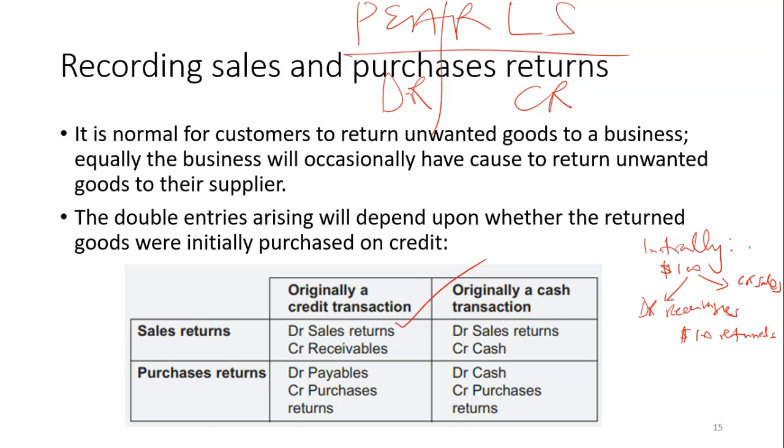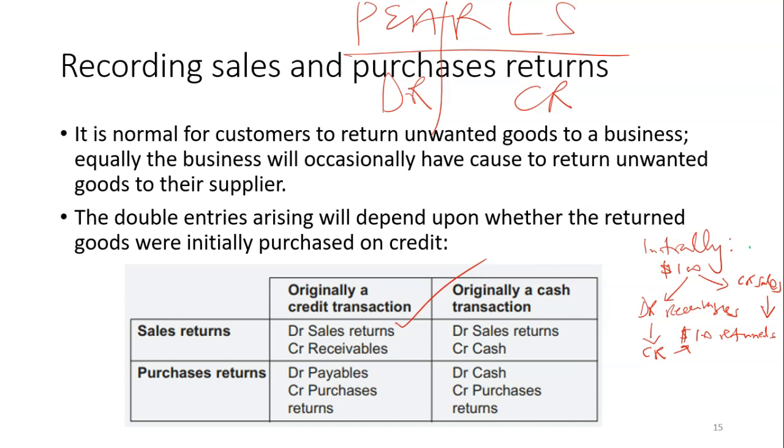We have to reduce this receivable by crediting it with $10, and also the sales figure has to be reduced by $10. So we debit sales returns $10 and credit receivables because we are reducing them.